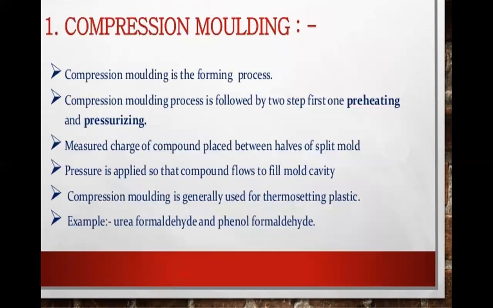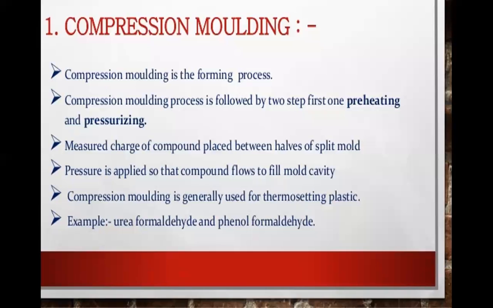See here, compression molding is a forming process, and it is followed in two steps. First one is preheating and pressurizing. In that, a measured charge of the compound should be placed between the two halves of a split mold. Pressure is applied so that the compound flows to fill the mold cavity.